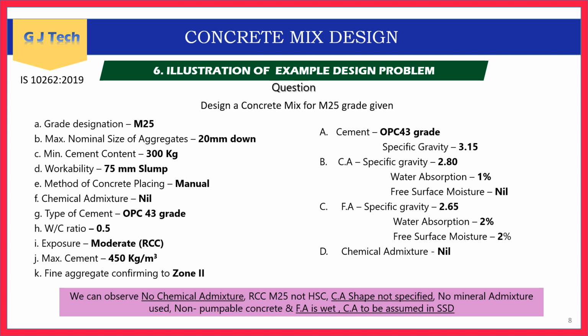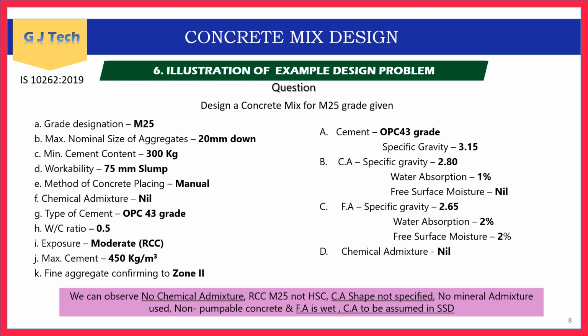Sieve analysis conducted on fine aggregate before it is confirmed for use in the mix design should be verified with Table 9 in IS 383 and should conform to the actual retained portions on each sieve size as prescribed in Table 9. Other test data are the specific gravities of all the ingredients like cement, coarse aggregate and fine aggregate, and water absorption and surface moisture tests, and their values for coarse and fine aggregates need to be quoted.